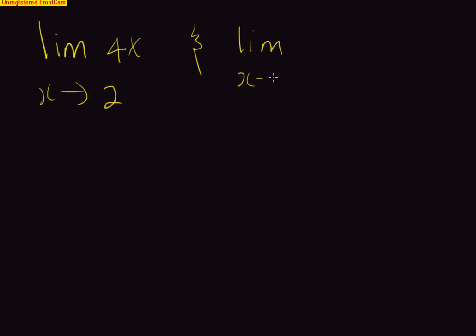So let's take a look at this first example. We have two functions. We're going to have the limit of 4x as x approaches 2, and another function, the limit as x approaches the same value, 2, of 5x.